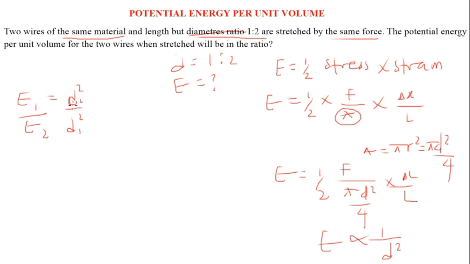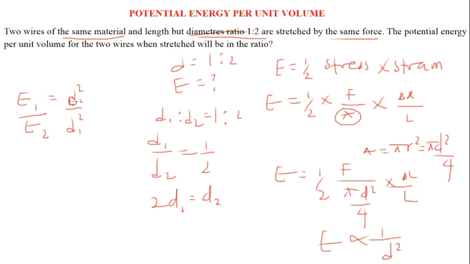Now, if the ratio of the diameters D1 to D2 is 1:2, it implies that D1 upon D2 is 1 over 2, which means that twice D1 is D2.